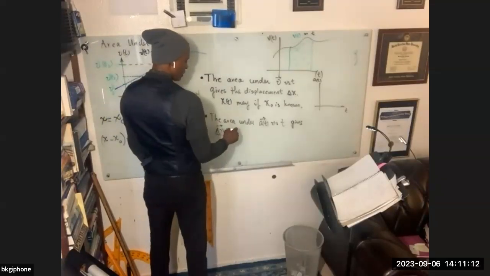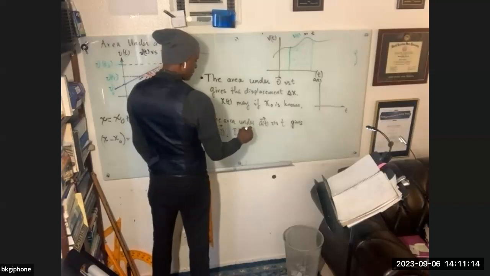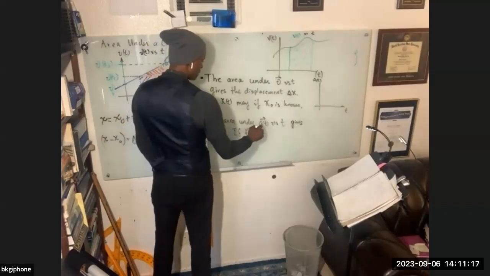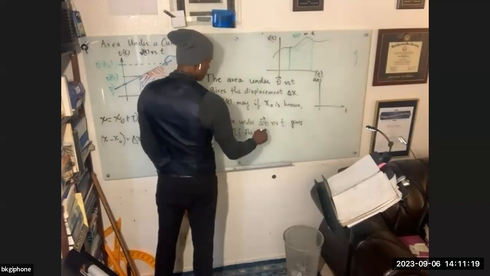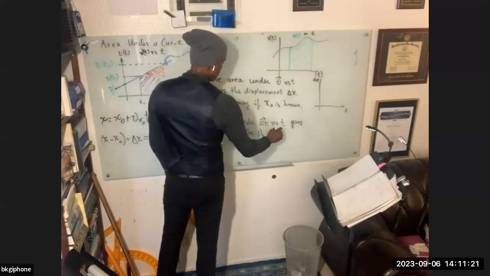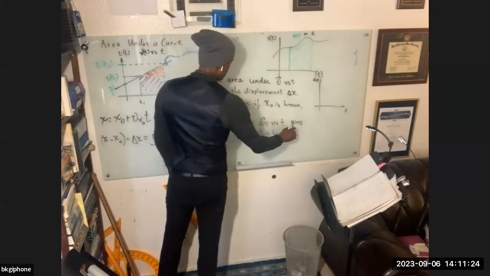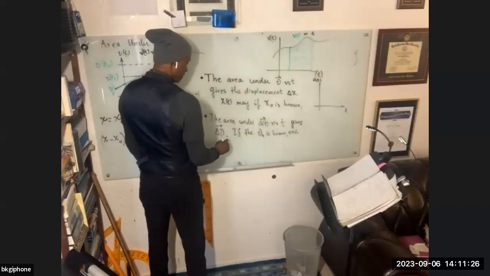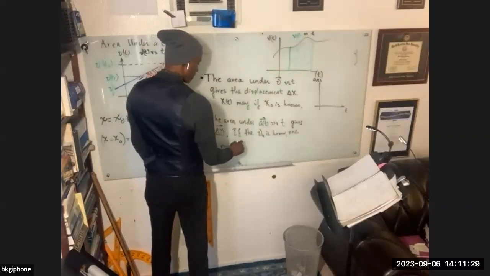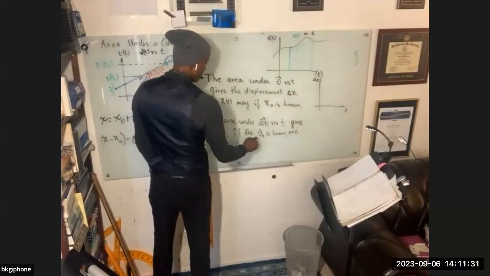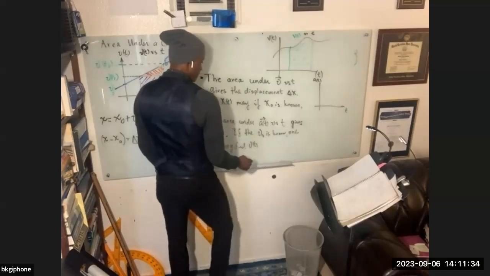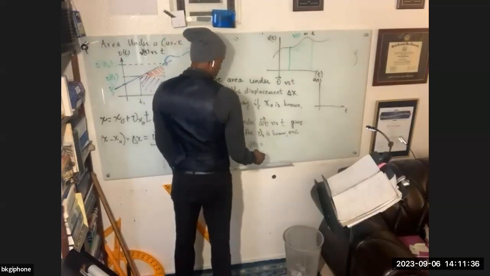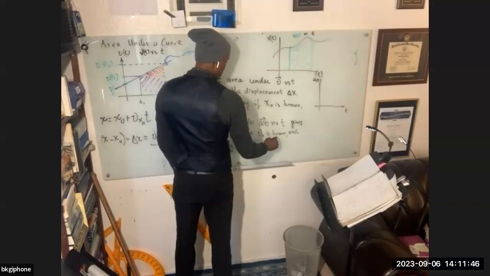And so if the initial velocity is known, one may find v of t, because v of t is going to be equal to v naught plus delta v.